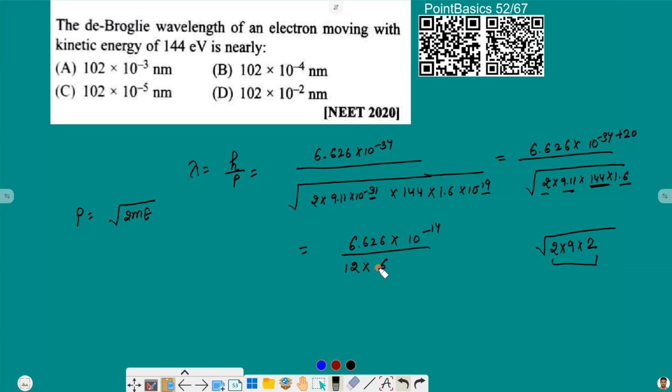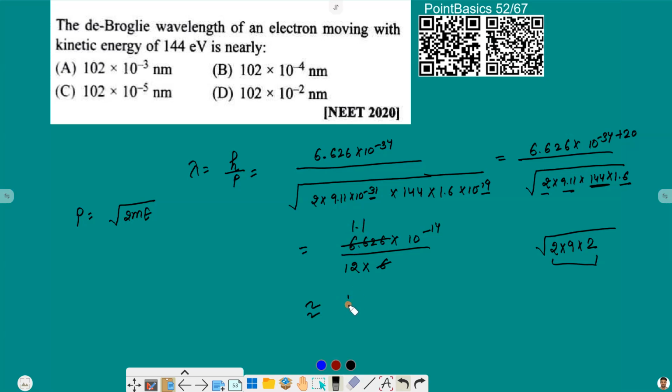Now what we can do, this gets cancelled, 1.1 approximately, yes. So I can write 1.1 as 1.2, and keep in mind that I am just approximating here so that we don't have to do heavier calculations.